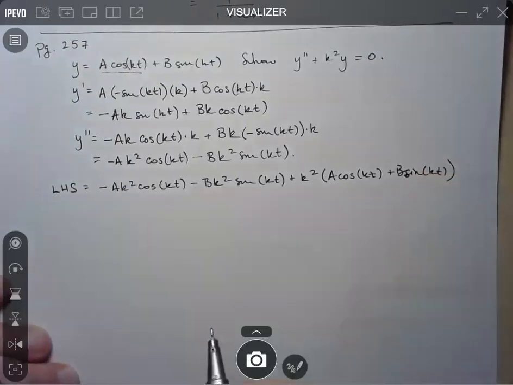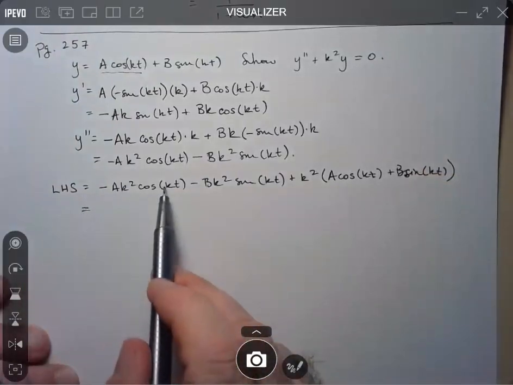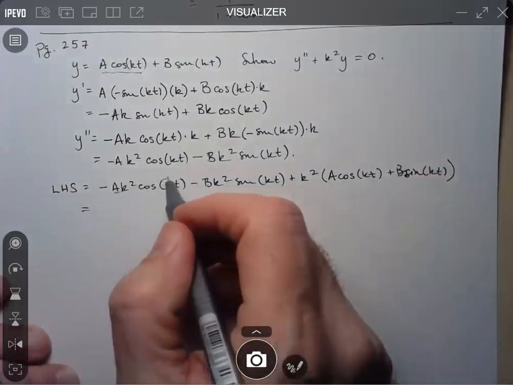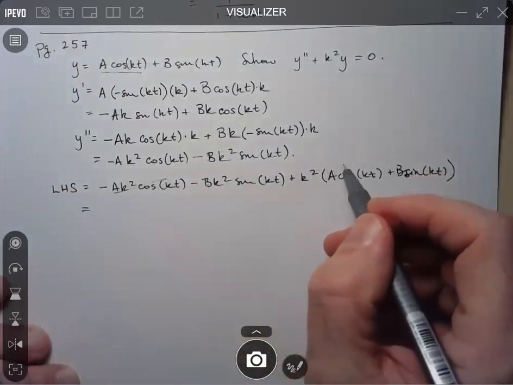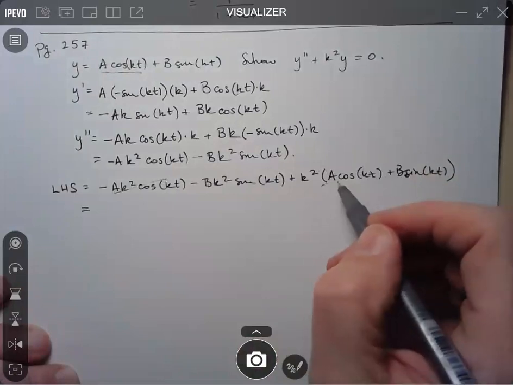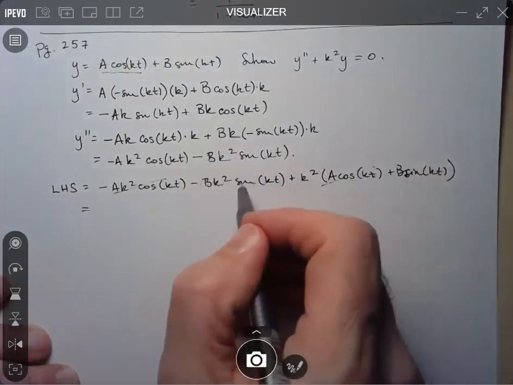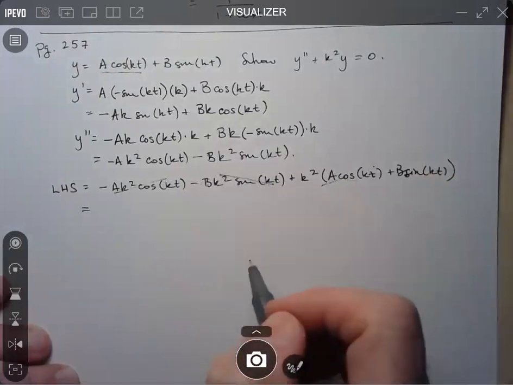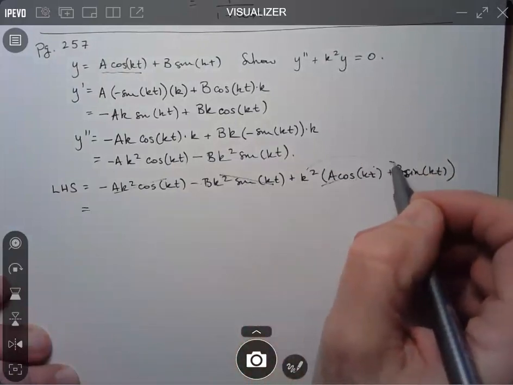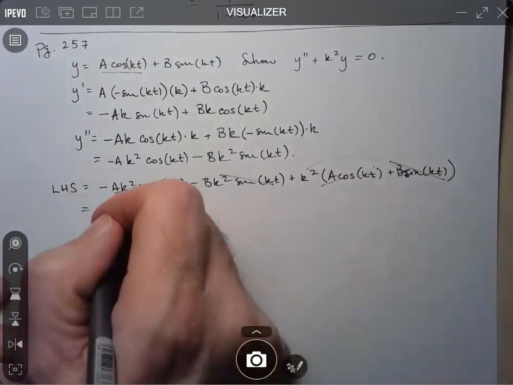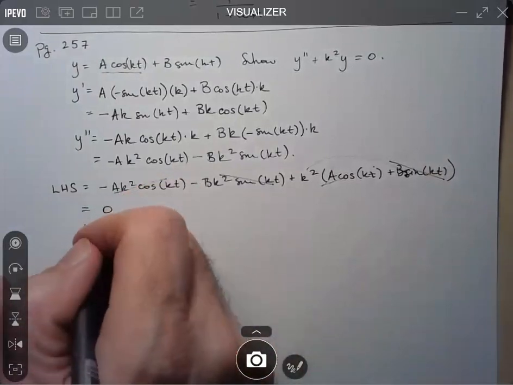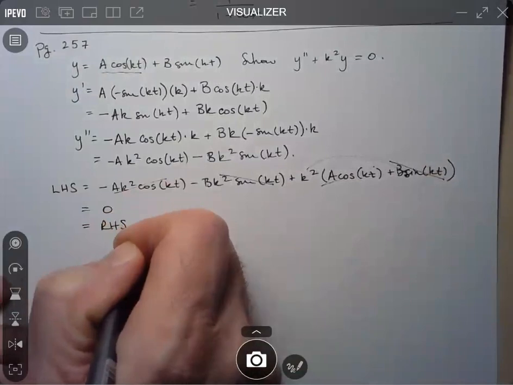And you're probably going to see what's going to happen here, because this a k squared cos kt cancels out with this k squared times a cos kt. And then this negative b k squared sine kt is going to cancel out with this one here. And lo and behold, we're left with 0, which is the right-hand side.